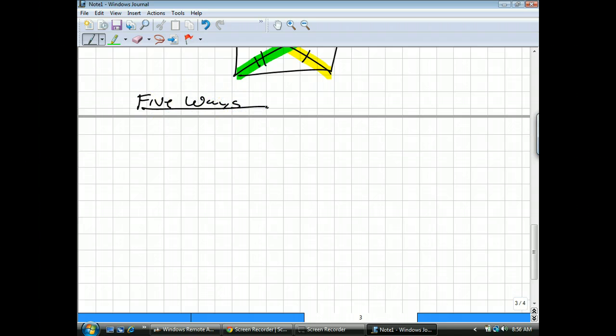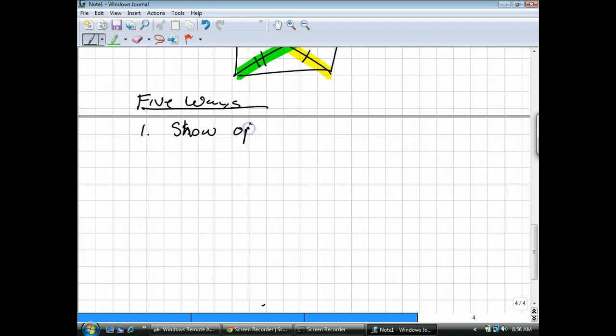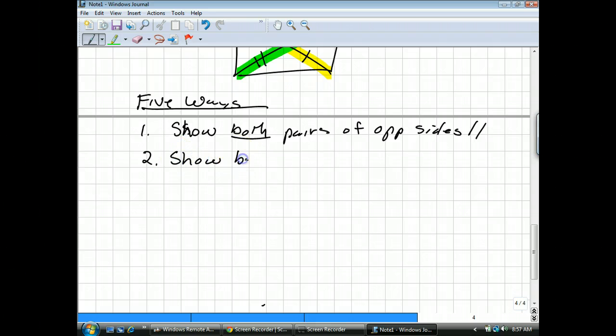Okay, so basically there are 5 ways to show that a quadrilateral is a parallelogram. Number 1 is by the definition. So show both pairs of opposite sides parallel. Number 2 is show both pairs of opposite sides congruent.